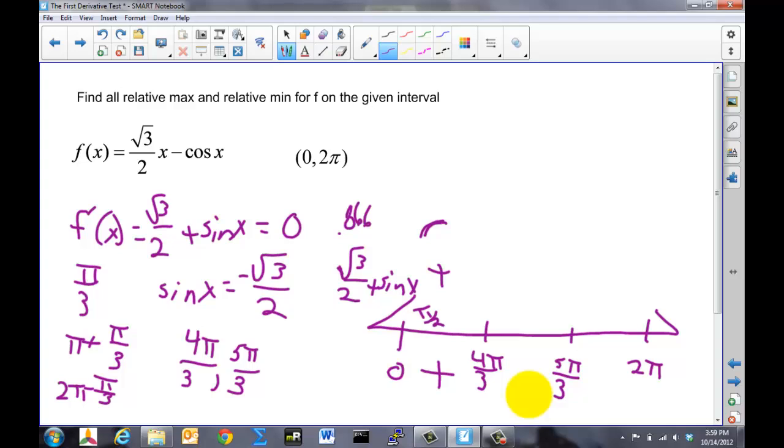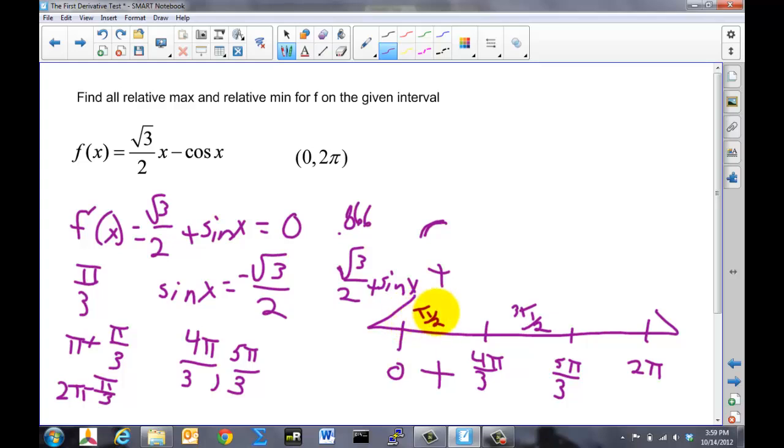Now we need to pick something between 4 pi over 3 and 5 pi over 3. What number is between 4 pi over 3 and 5 pi over 3? 3 pi over 2 is. Well, what's the sine at 3 pi over 2? 3 pi over 2 is the same as pi over 2, except it's either positive or negative.